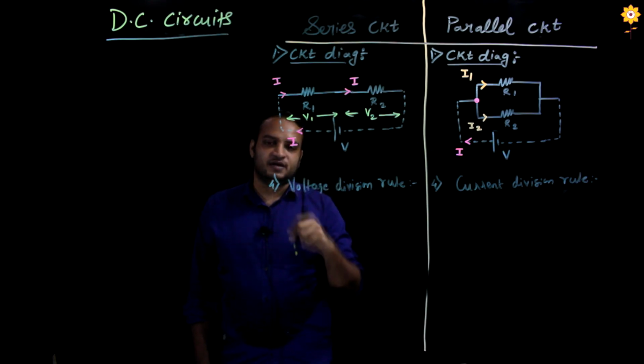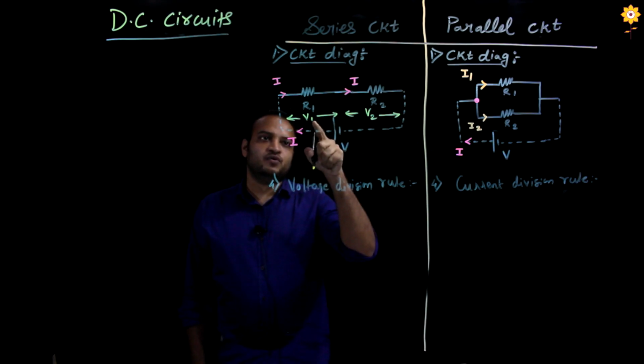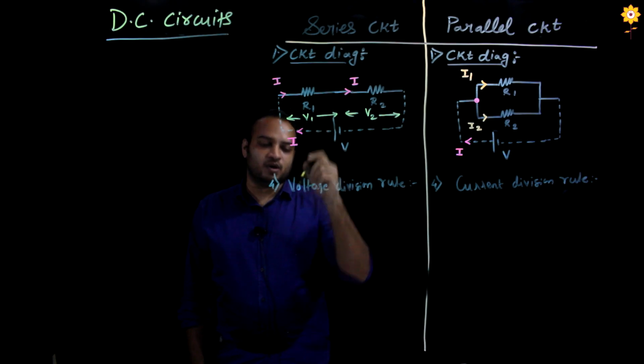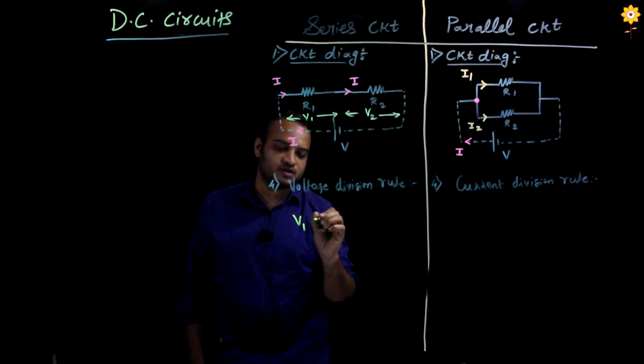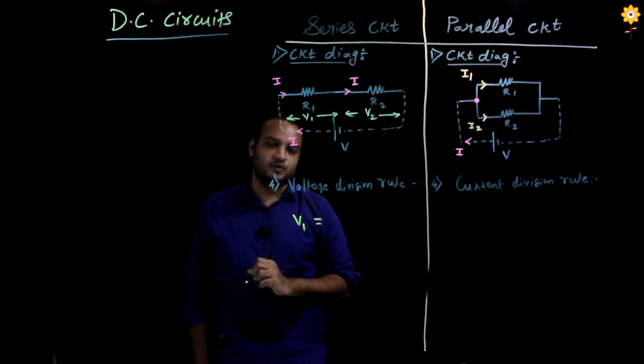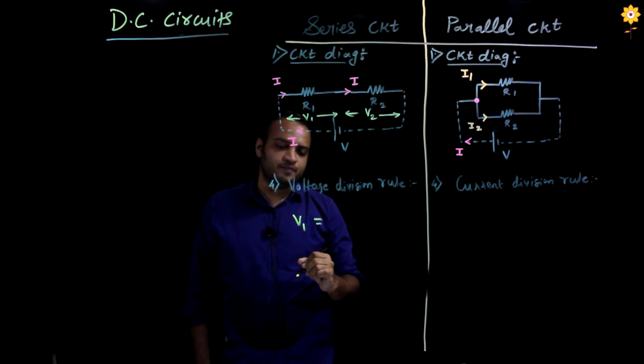Now if I see this circuit, if I want to calculate what is V1, that is the voltage across resistance R1, the formula goes this way.